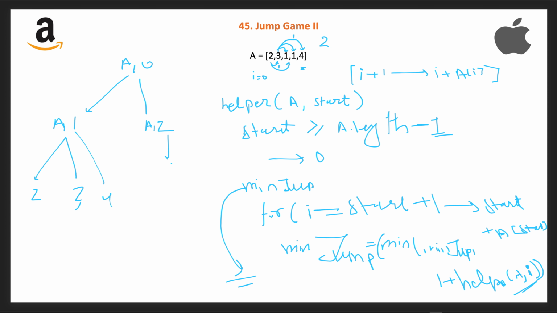From 2 we can take only one jump as the value is 1, so this is 3. Then from here we can go to 4. These are the various ways, and from here again we can go one step and 2 steps. As you clearly see in this recursive solution, a lot of small problems are solved again and again, as start index 2 occurs over here and here as well. So this problem has repeated subproblems.